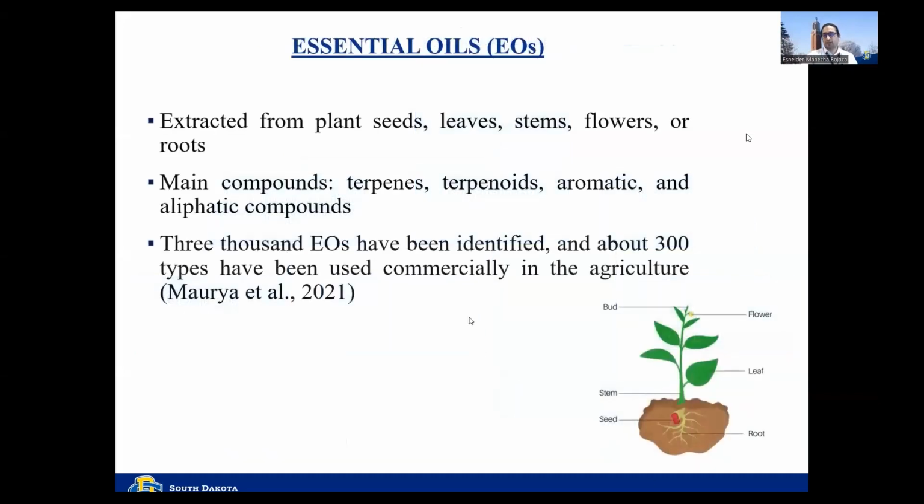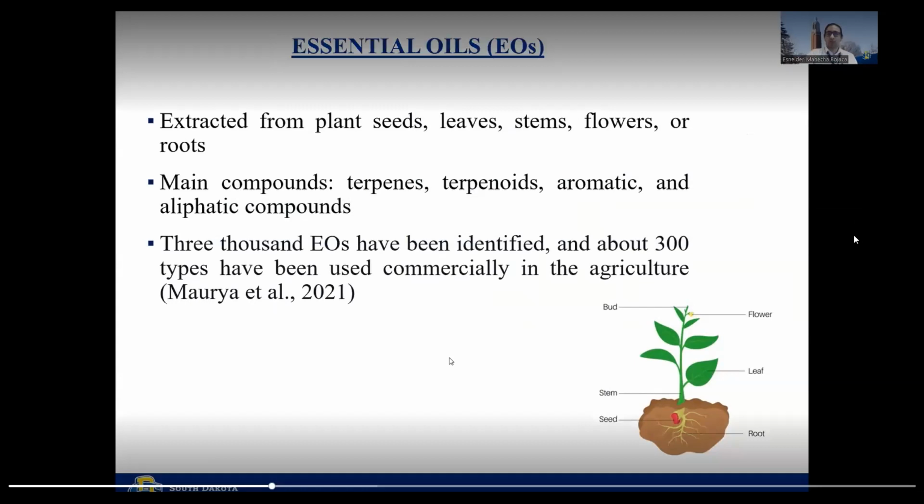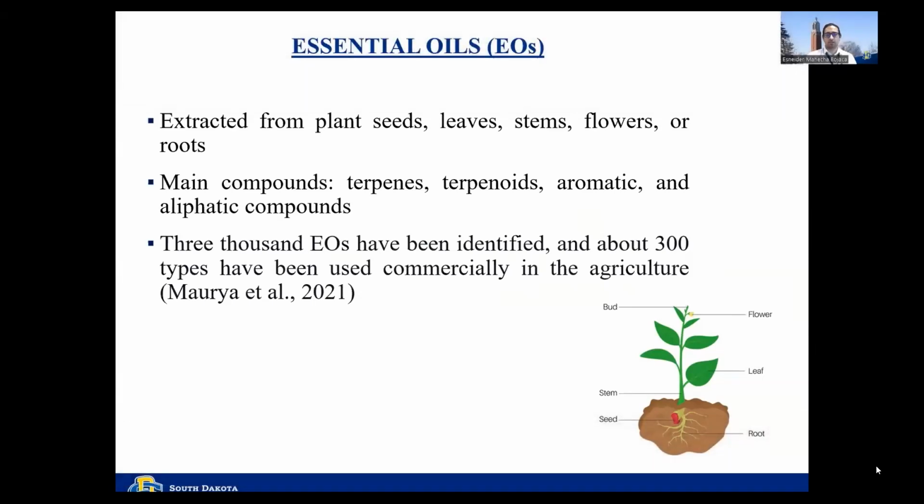But what are essential oils? Essential oils are extracted from plants, seeds, leaves, stems, flowers, and fruits, and the main compounds are terpenes, terpenoids, and aromatic and aliphatic compounds. About 3,000 essential oils have been identified, of which about 300 have been used commercially in agriculture.